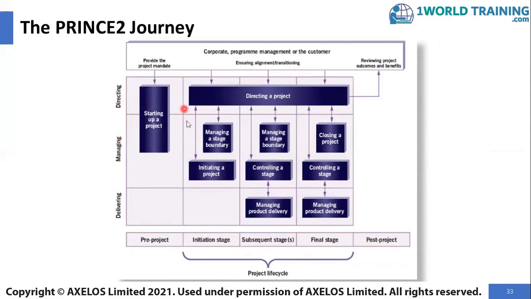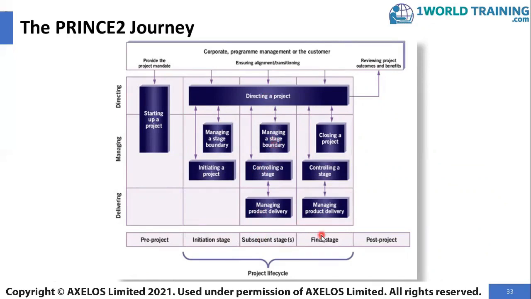So this is the pre-project work. Then it moves into the initiation stage wherein directing a project, initiating a project, and managing a stage boundary, these 3 processes are involved. Then in subsequent stages, which are the delivery stages where products are developed, the following processes are involved: directing a project, controlling a stage, managing a product delivery, and managing a stage boundary.